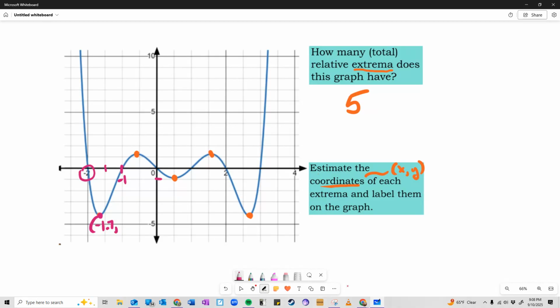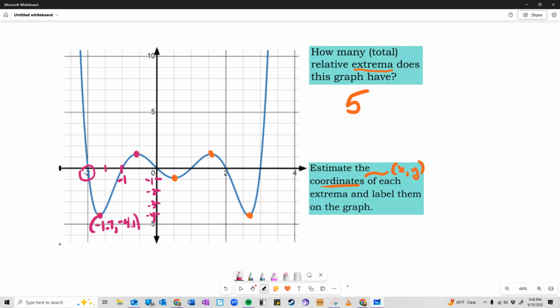I notice this actually has a scale of 1. So this is -1, -2, -3, -4. And, oh, sorry about my dog if you can hear him. I noticed that the y coordinate is going to be just a little bit under -4, so maybe my estimate is -4.1. So that's how I would estimate the coordinates.